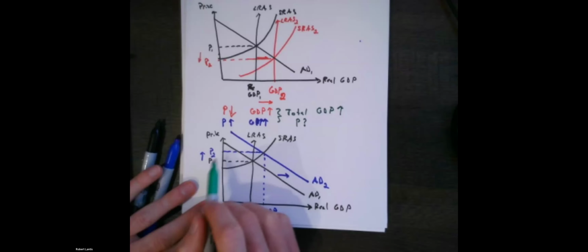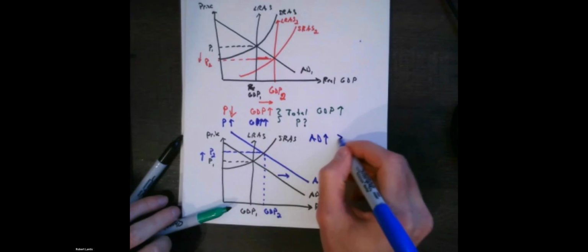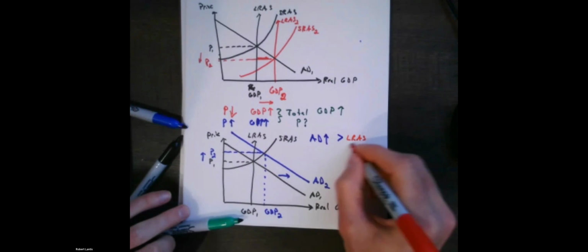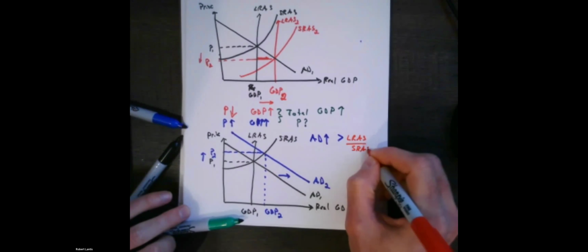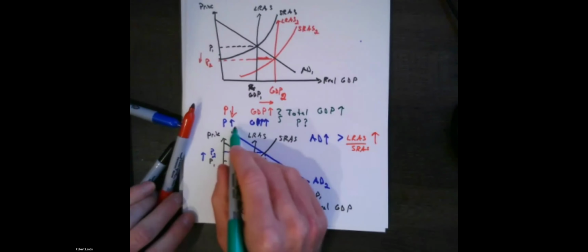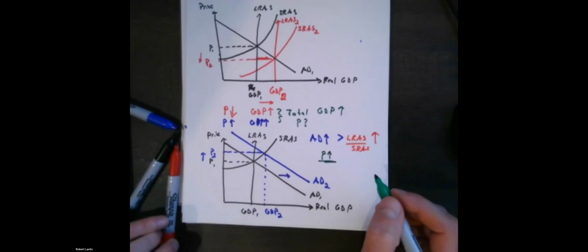So if that aggregate demand increase is larger than the short run aggregate supply increase that we saw, then its effects on price will be the one that overshadows the other.